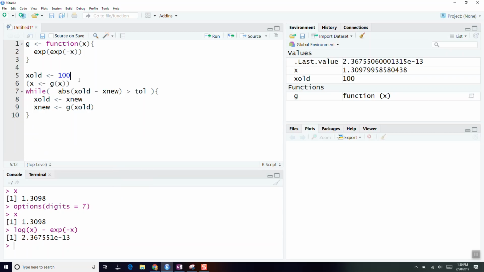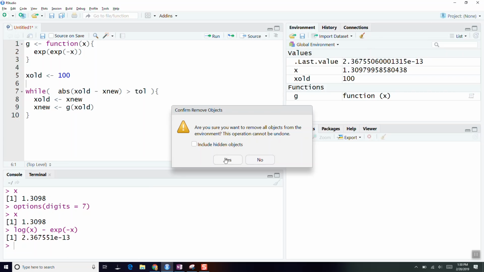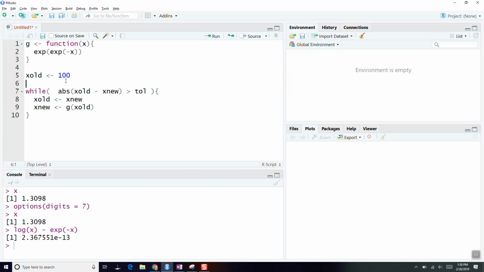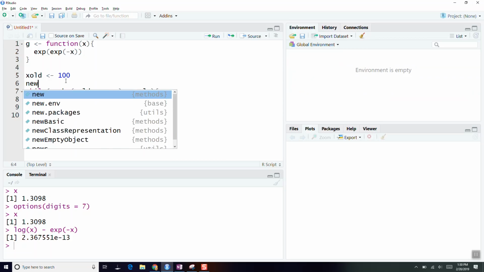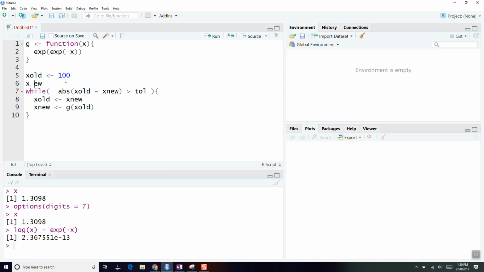But anyway, if we wanted to run this algorithmically, all right? So we'll delete all of that out, and I'll say x new is g of x old. And then let's set our tolerance. Our tolerance, let's do like 10 to the negative 8 or something, okay?